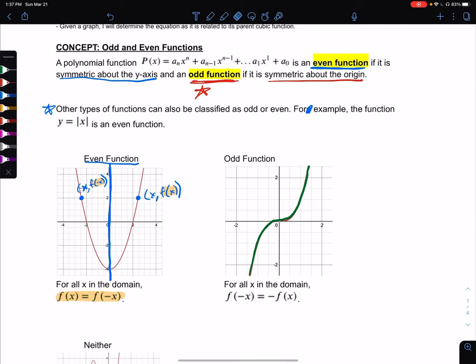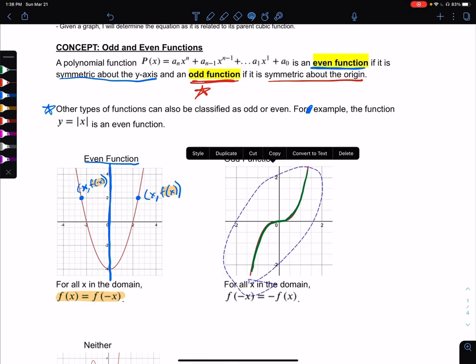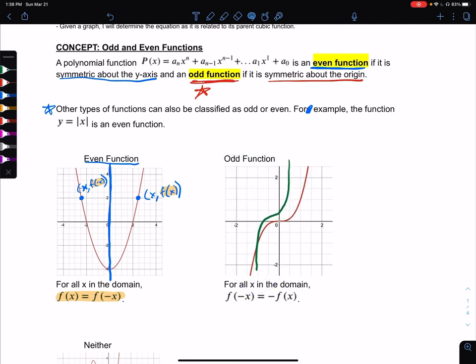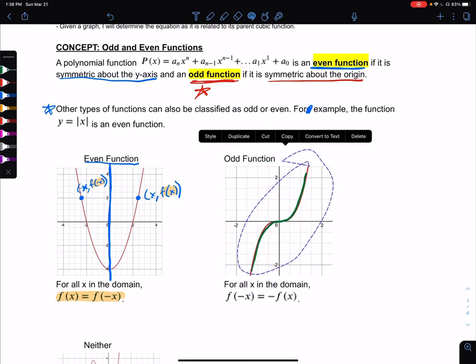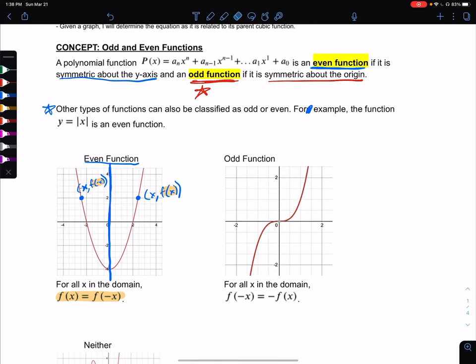Let's get rid of this little arrow. And now if I take this piece here, and rotate it 180 degrees, I have the exact same graph. It hasn't changed. You could say it reflects itself, it covers itself. So again, if this gets rotated 180 degrees, it's the same graph. So that's how we can tell whether or not it is an odd function.